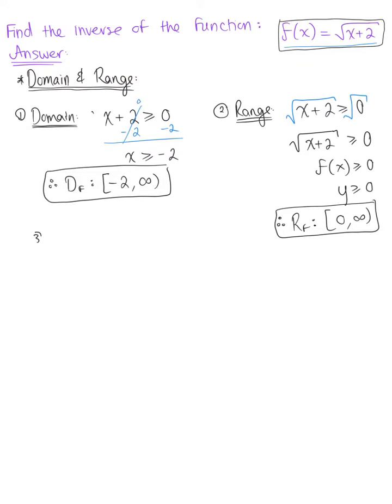So we're now ready to sketch a quick graph of our given function. So this is our y-axis and our x-axis. We know that the square root is being shifted 2 units to the left, and we see that the smallest x value, or the first x value, is negative 2.